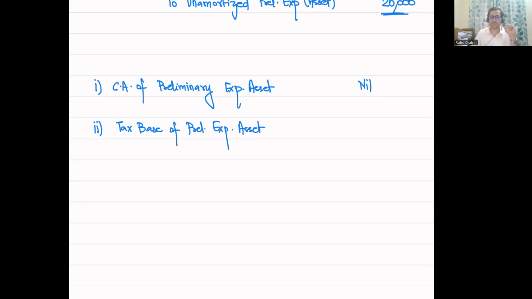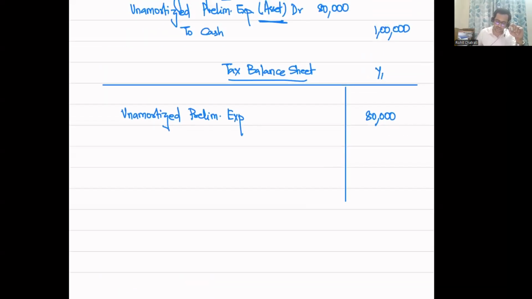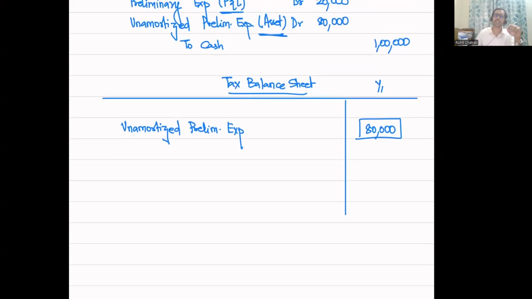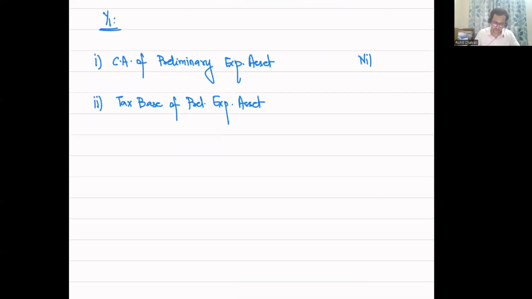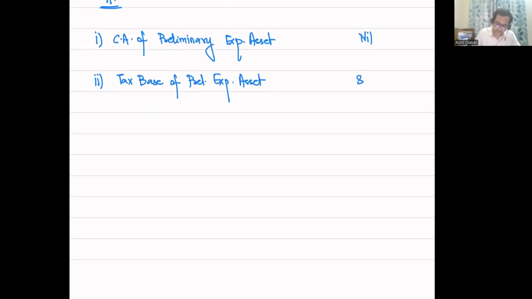In my tax balance sheet at the end of year one, all these calculations again being done at the end of year one, the preliminary expense is appearing at a value of 80,000. Remember, this is an asset because it has a debit balance of 80,000. All right, so the tax base is going to be equal to 80,000. The third step is I am going to calculate the temporary difference.